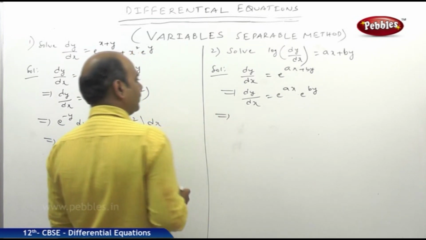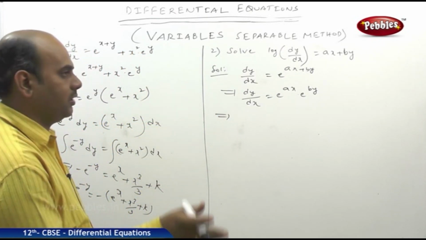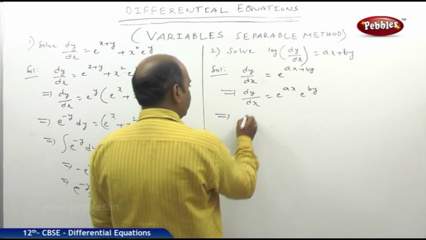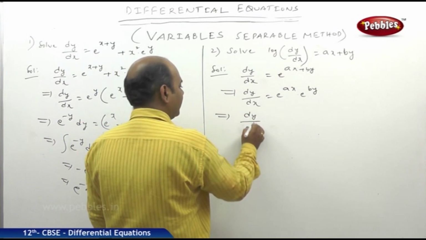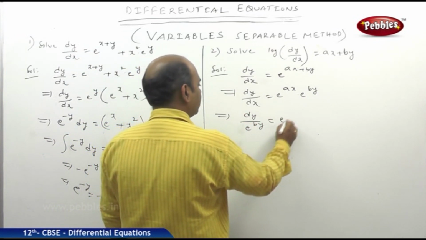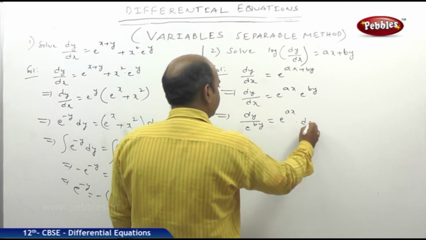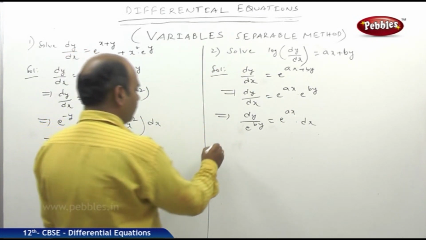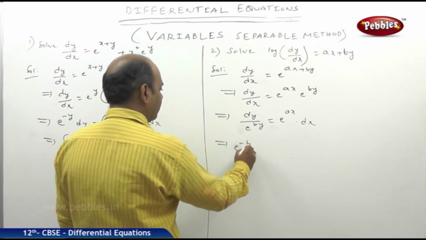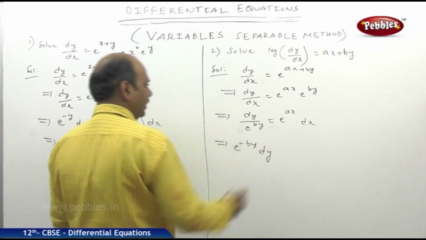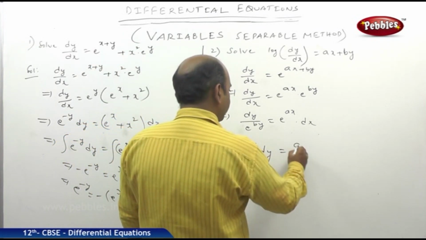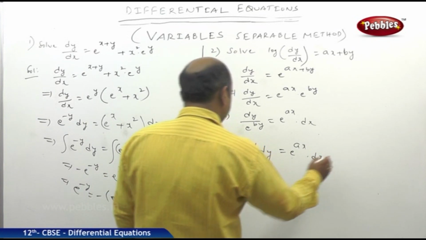Later I will make all x variables to one side and all y variables to one side. So dy by e power by is equal to e power ax into dx. That implies e power minus by into dy is equal to e power ax into dx.